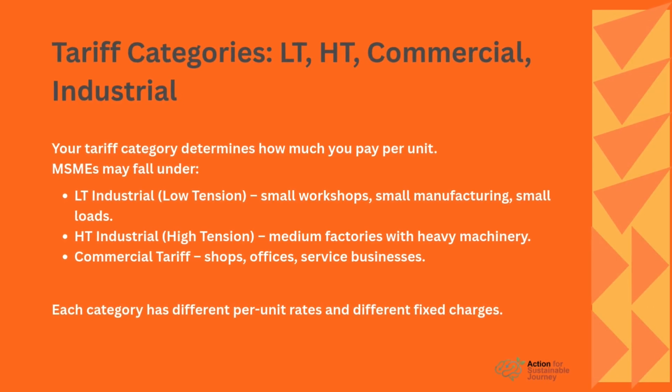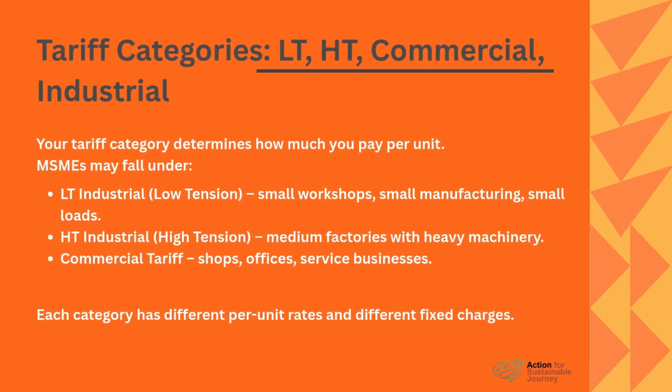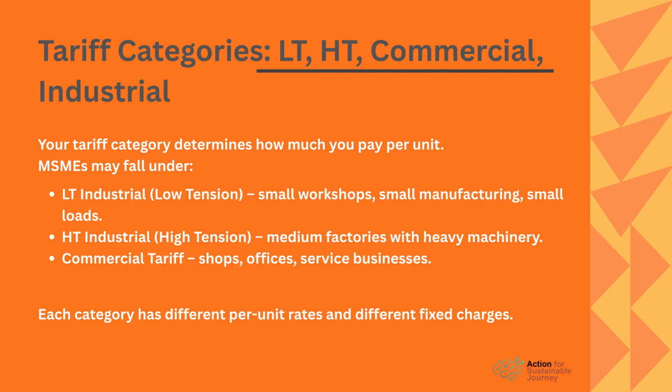Now, tariff categories: LT, HT, commercial or industrial, etc. Your tariff category determines how much you pay per unit. MSMEs may fall under LT or low tension, meaning voltage level from 230 volt to 440 volt, for small workshops and small manufacturing with loads typically below 100 kVA or kilovolt ampere.